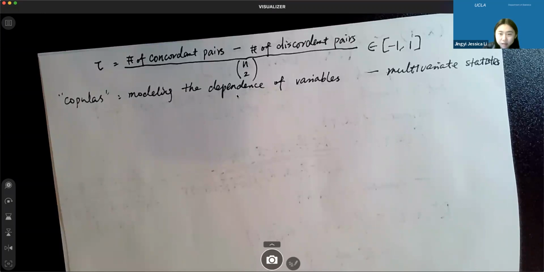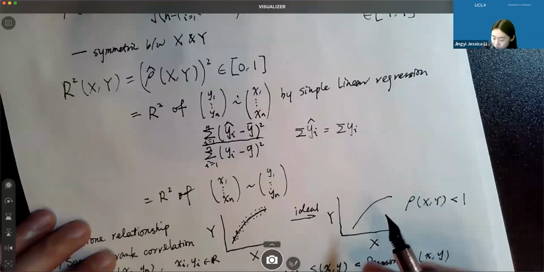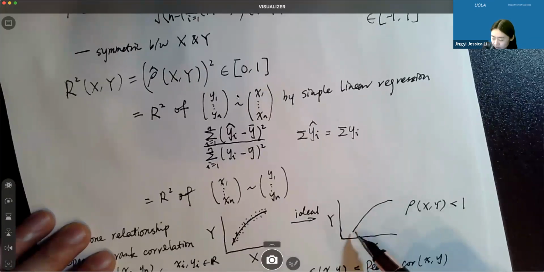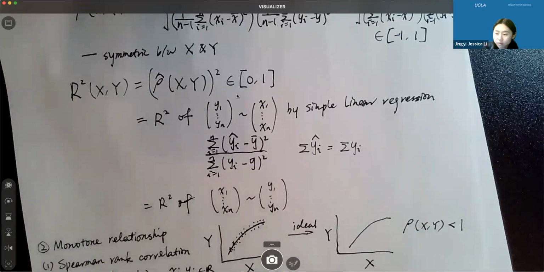So what does monotone mean in this context? No, monotone here is not a transformation. It's just the nature of the data. It's the relationship. So when you believe there's no noise, when you scatter the data points and they lie perfectly on a curve, then this is what we mean by monotone.